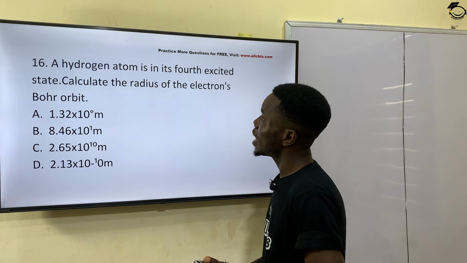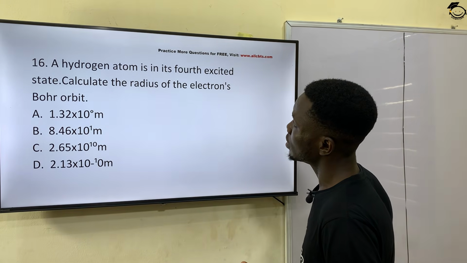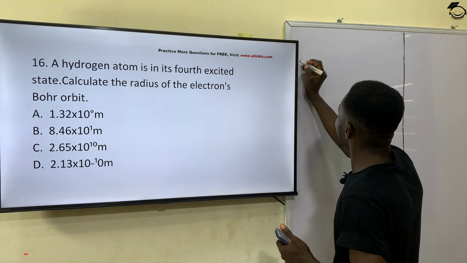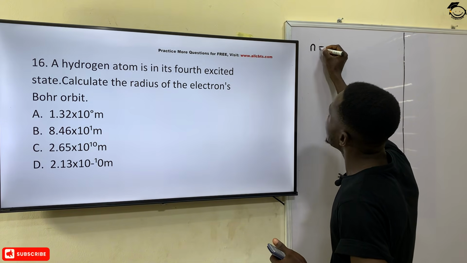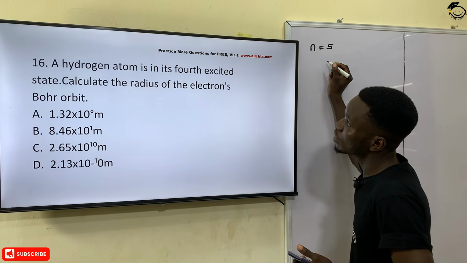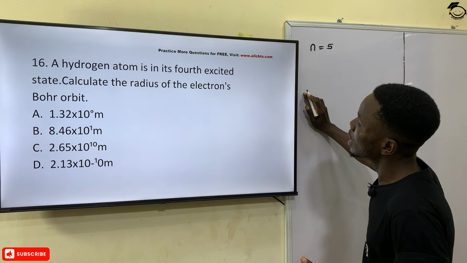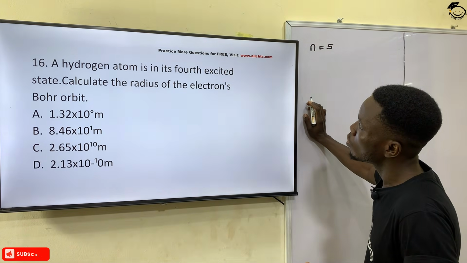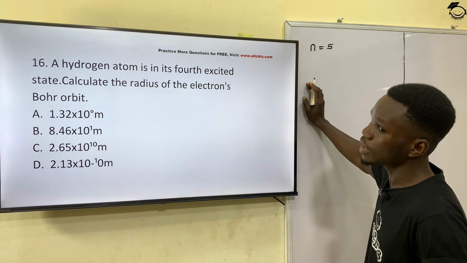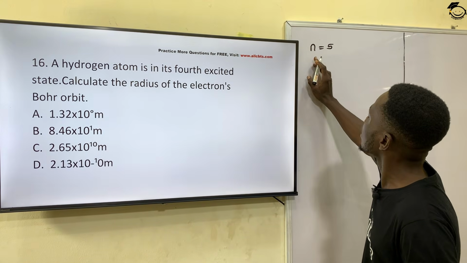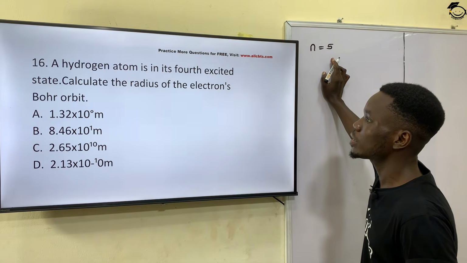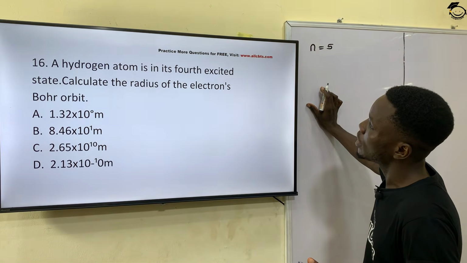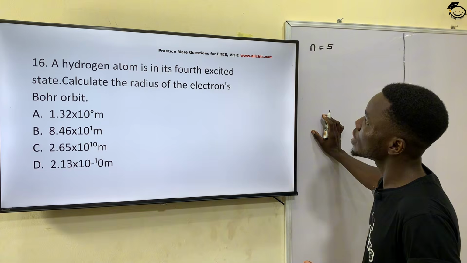It says a hydrogen atom is in the fourth excited state. So in the fourth excited state, our n is equal to 5 because at ground level, our n is equal to 1. So it means that our first excited state n is equal to 2. And if you follow it up, we know that the fourth excited state, our n is equal to 5. It says calculate the radius of the electron.